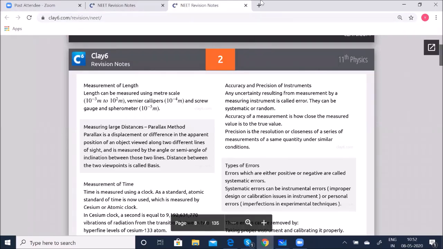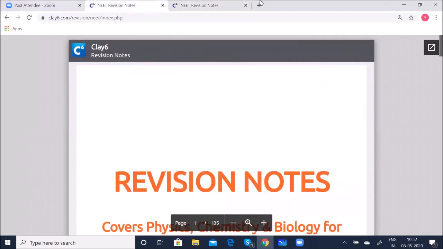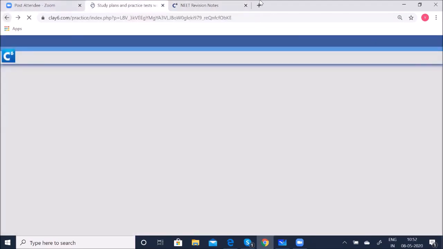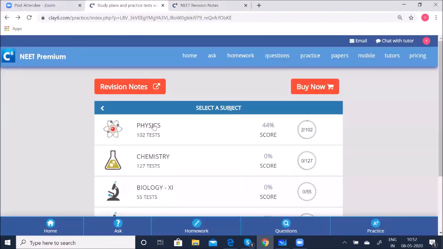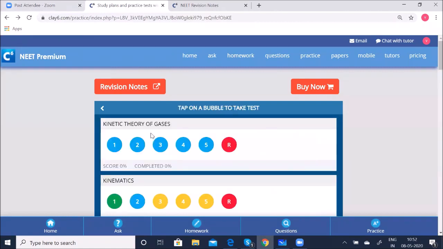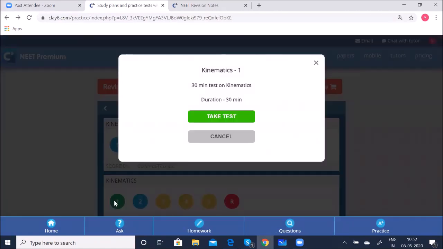Just a second. I think some wrong page got clicked. Let me see. I did this test. Yeah, I think some technological error.